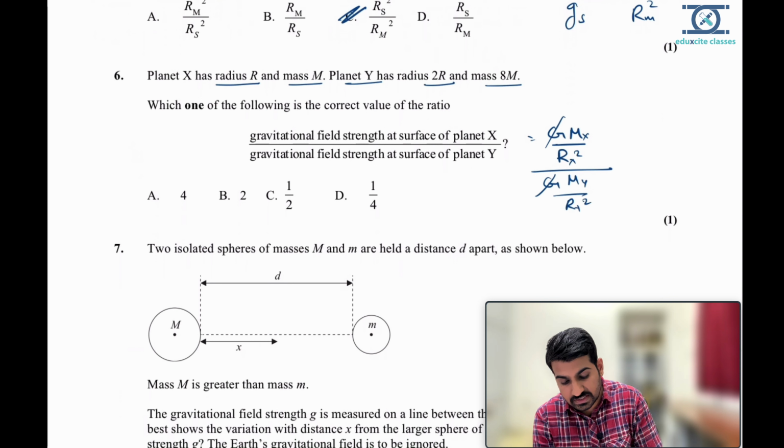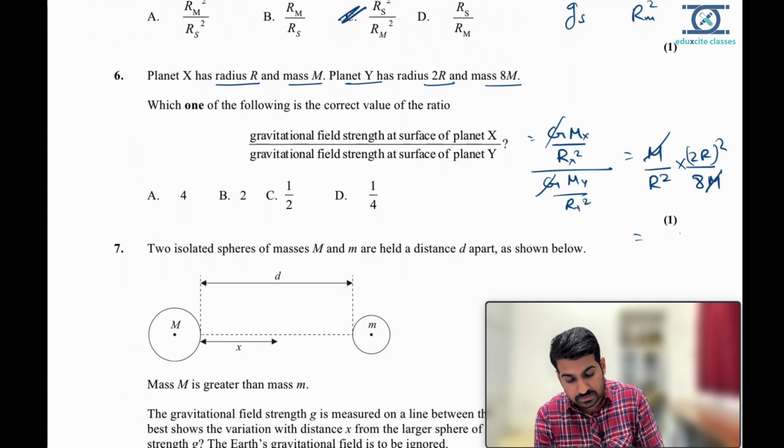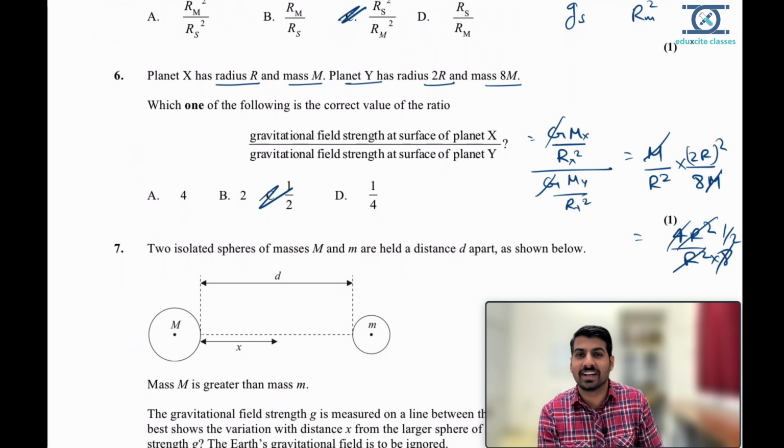Now G and G get cancelled, so mx has a mass m, the radius is r square, and ry is 2r square upon the mass of y, which is 8m. So you just do the calculation, m and m get cancelled, 2 square is 4r square upon r square into 8, this gets cancelled, this is 1 by 2. So option C is the right answer.